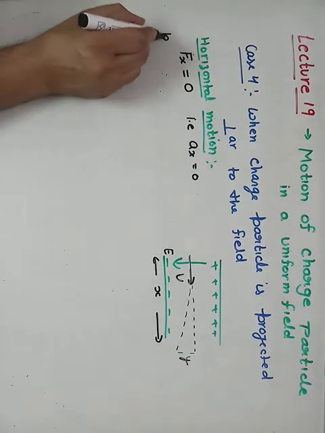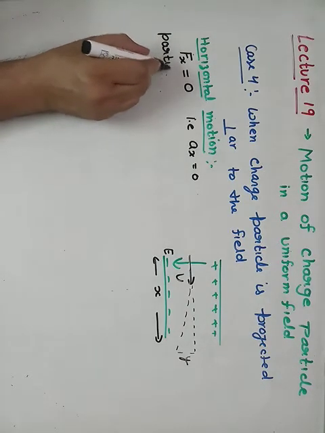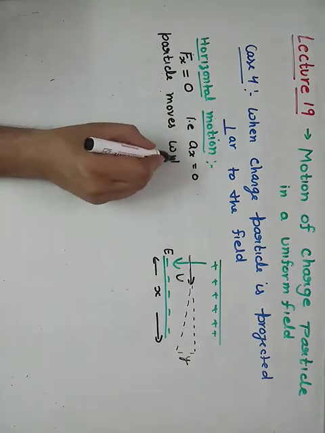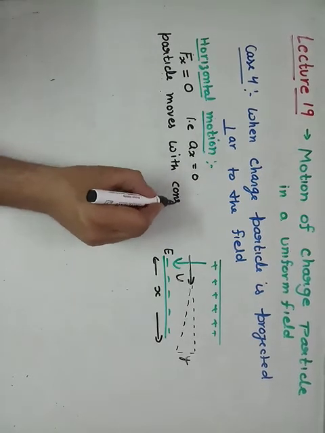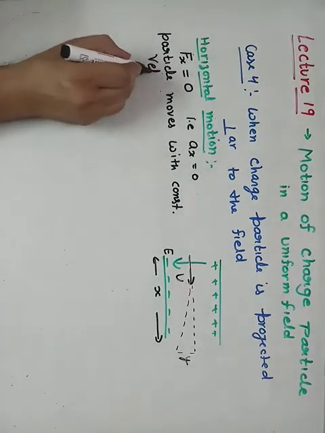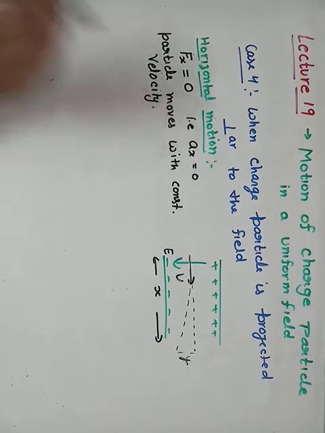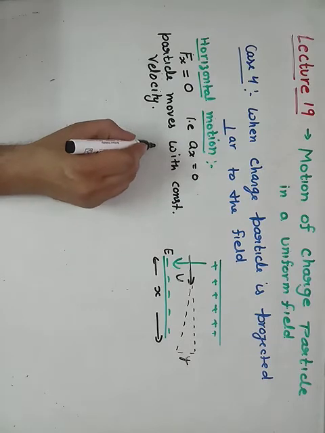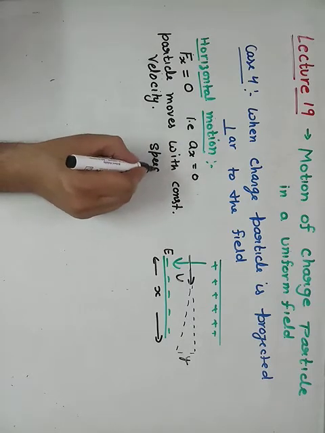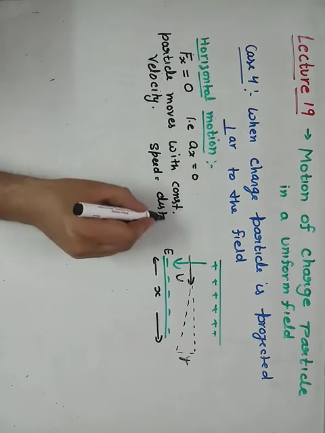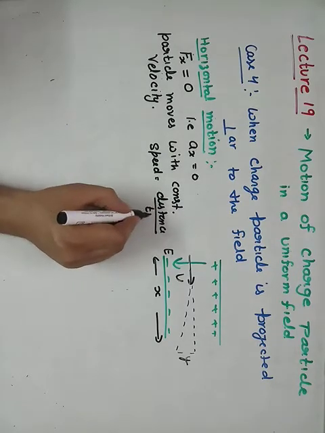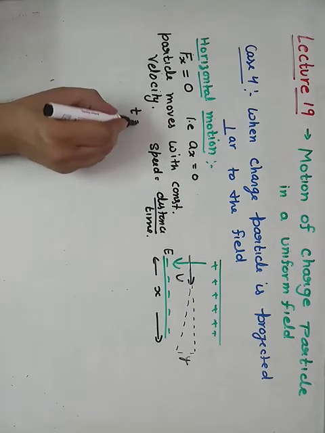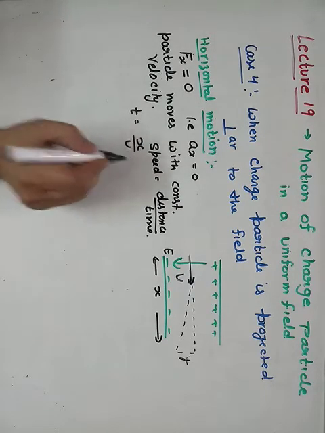Therefore, the particle moves with constant velocity. And we can use the simple formula: speed is equal to distance upon time. That is, t equals x by u.